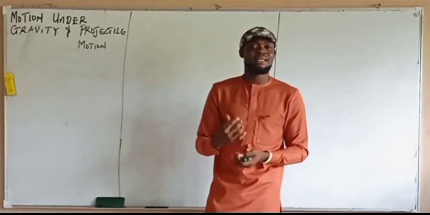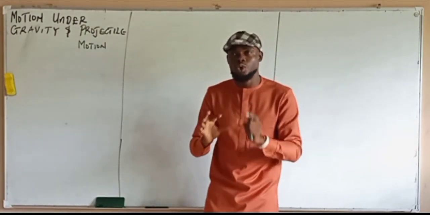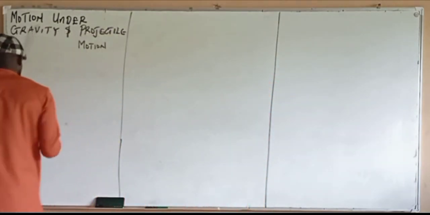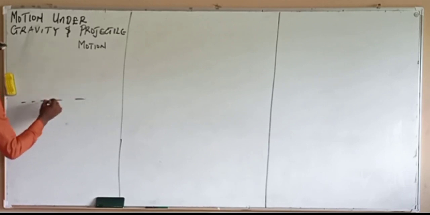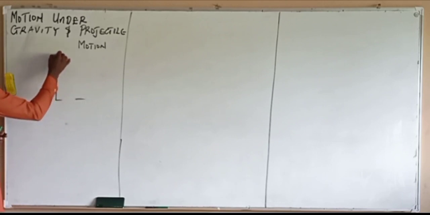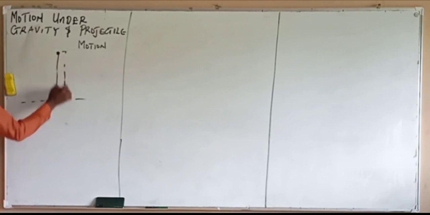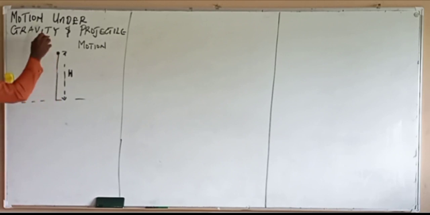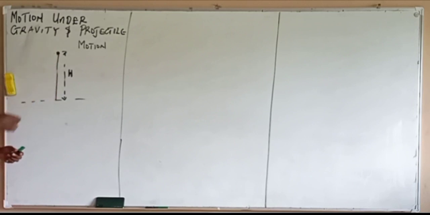So, what are the equations we use in motion under gravity? Let's say this is the ground floor, and the body is projected vertically upward. We're going to check the highest point the body can get to, which we call the maximum height of the body, the velocity at which the body will fall to the ground, and the time taken to fall or the time taken to get to the maximum height.